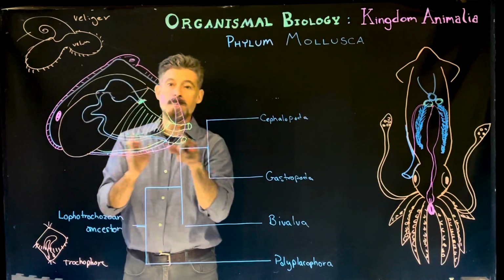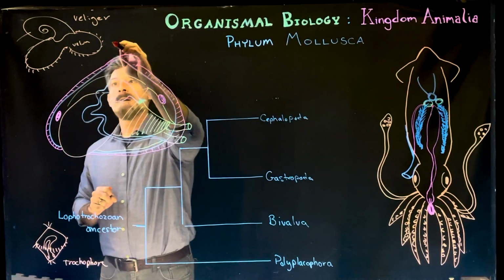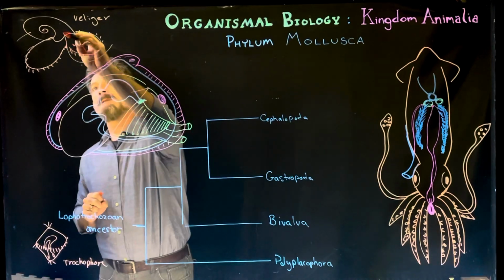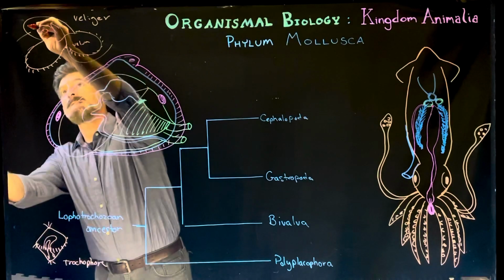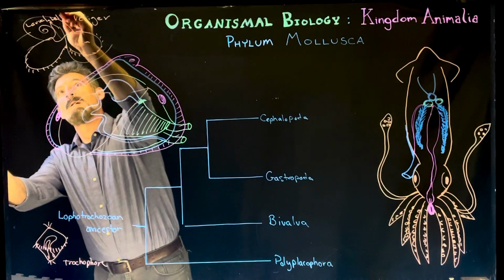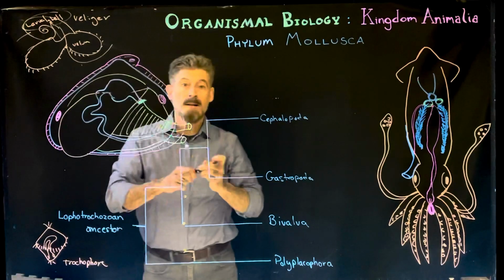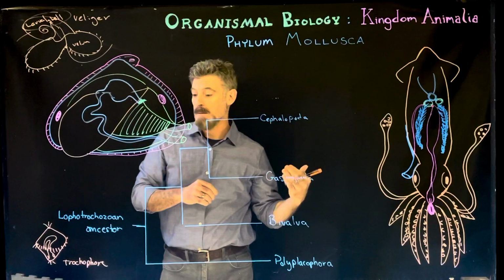So velum are like these two big lobes that are ciliated, and they can help them swim through the water and collect food to bring it into a mouth that then continues to bring it into a digestive tract here inside the animal. This is a larval shell, which in some is then lost, and in others actually remains as part of the eventual shell.